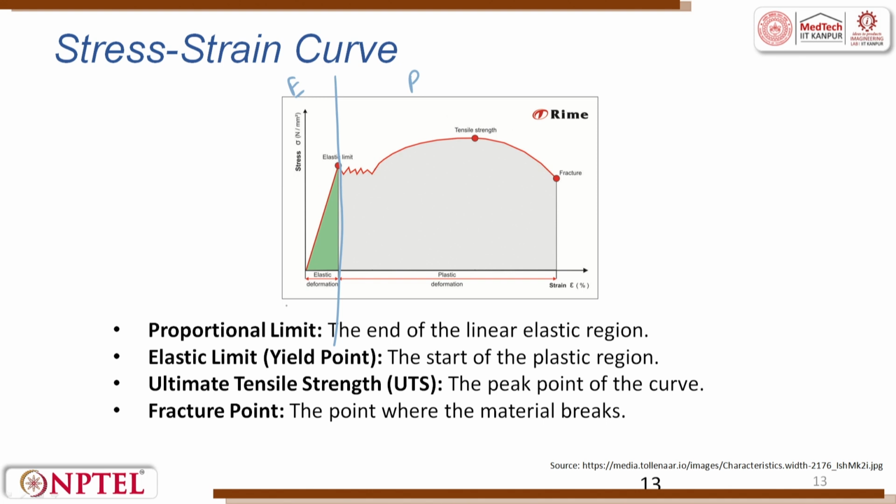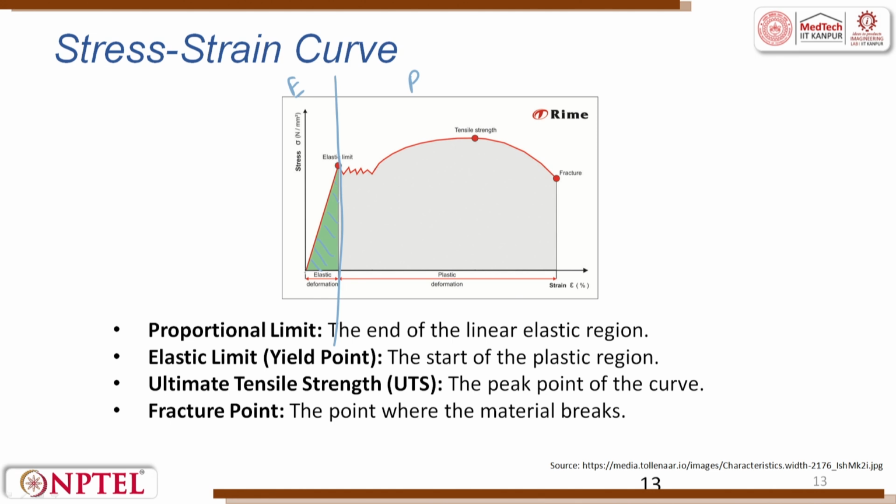You remember we also saw in friction, when we try to pull an object, it keeps on resisting, and after a certain point it starts moving. In the same way here, this is a point till which the material resists deforming. So, this portion is the elastic region.